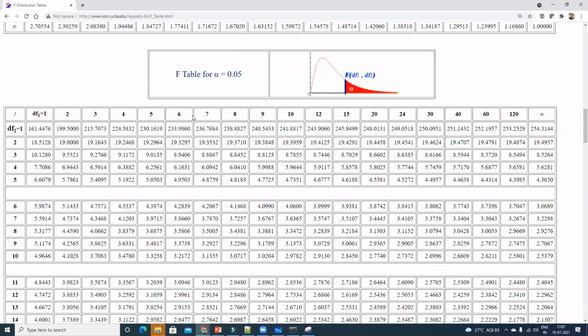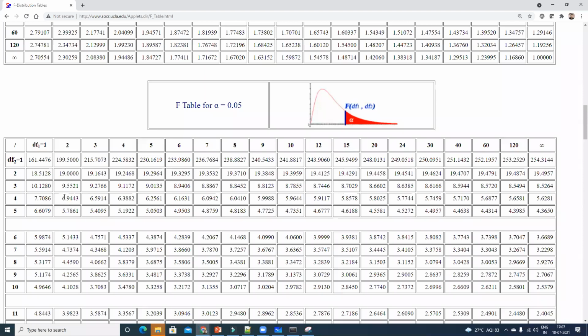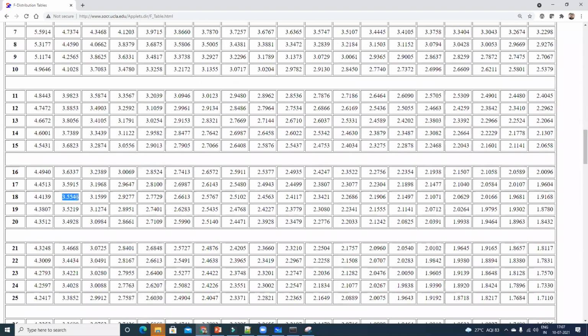See, I'm going and checking the F table for alpha is equal to 0.05. Right? So this will be my value. What is my value now? 3.5546. Everybody open the F table quickly. Is everybody able to see this or not?